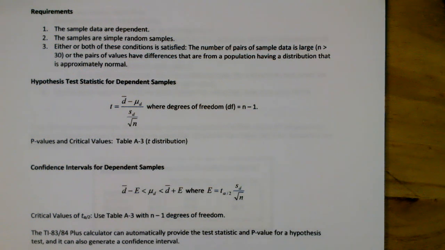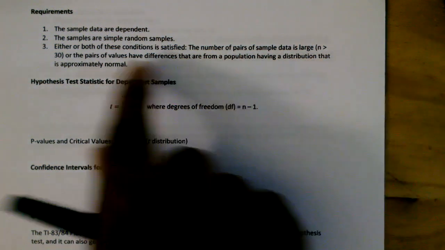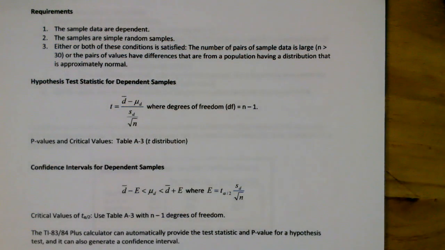And number three, either or both of these conditions are satisfied. That is, the number of pairs of sample data is large, where n is bigger than 30, or the pairs of values have differences that are from a population having a distribution that is approximately normal.